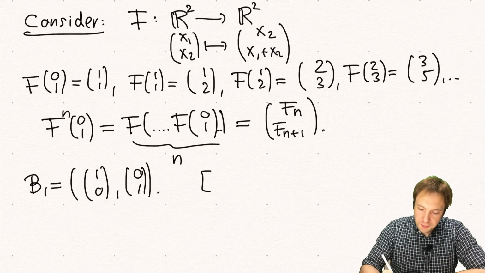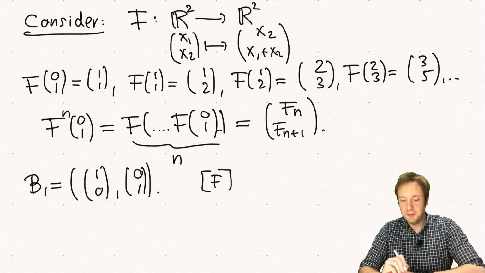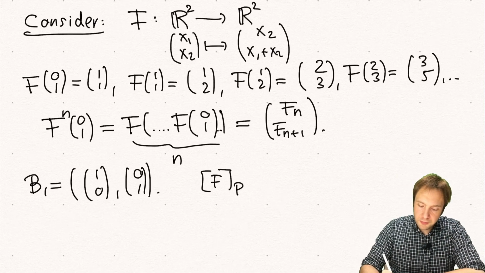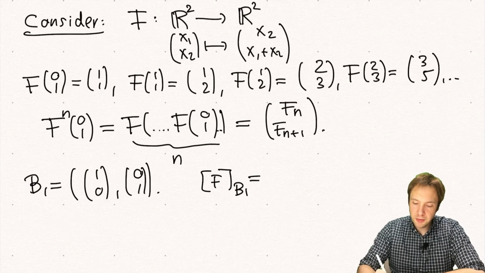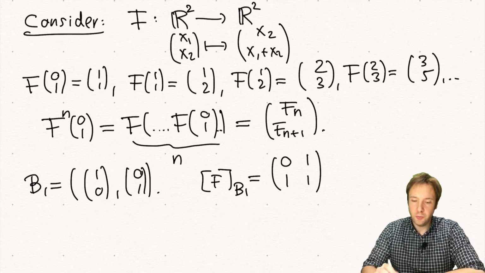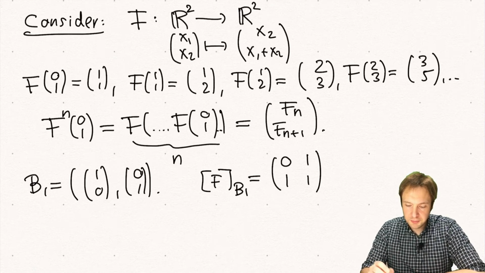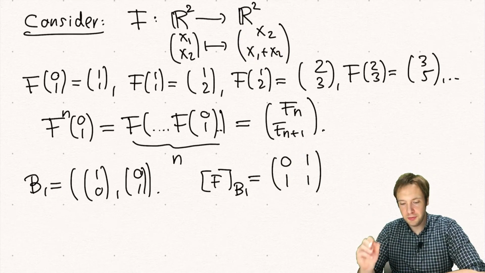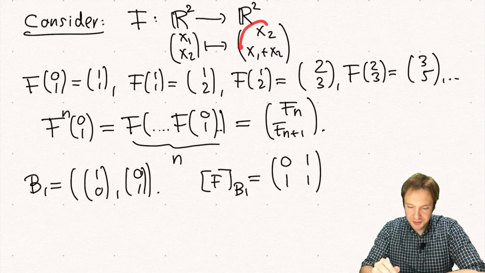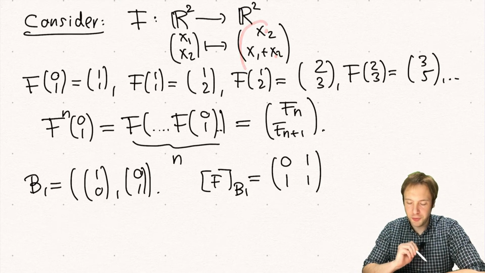So with this, the matrix of this linear map F with respect to this basis, well, it's just 0, 1, 1, 1. Because I just need to consider what's the first column is the image of 1, 0, which is 0, 1, and the second column is the image of 0, 1, which gets mapped to 1, 1.